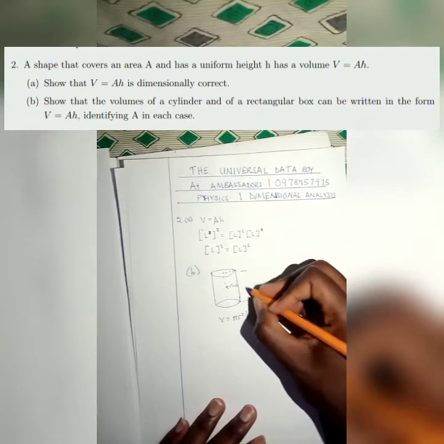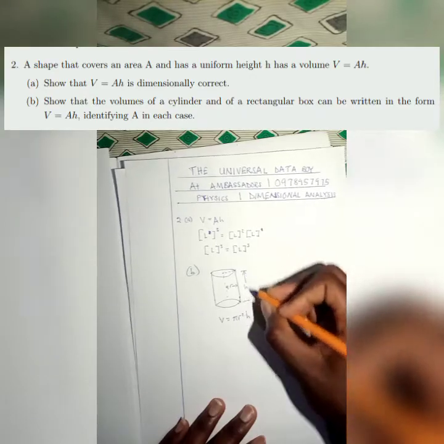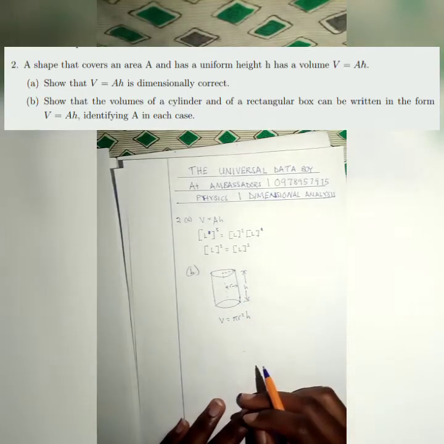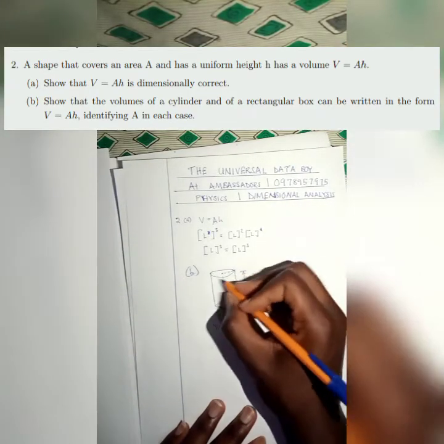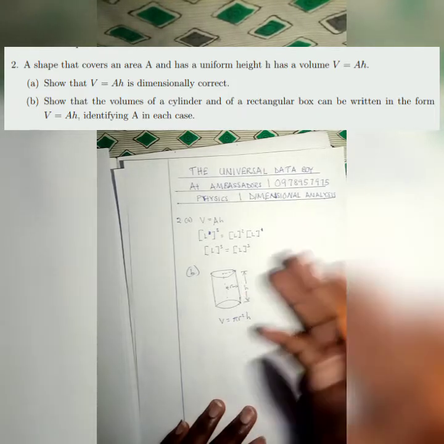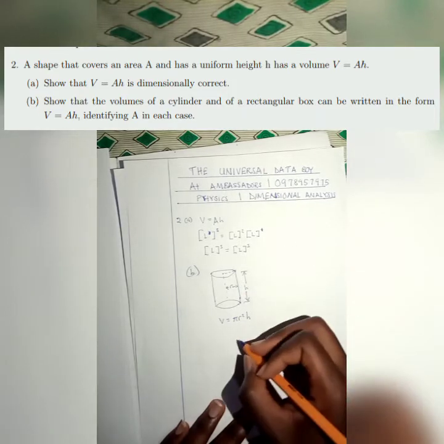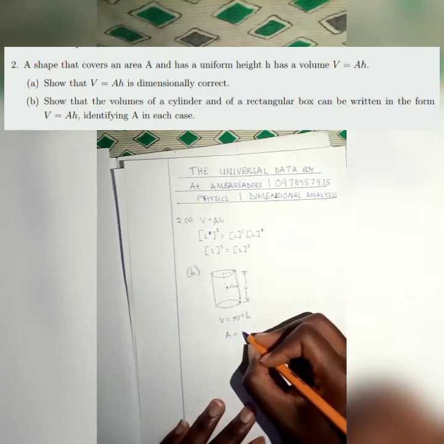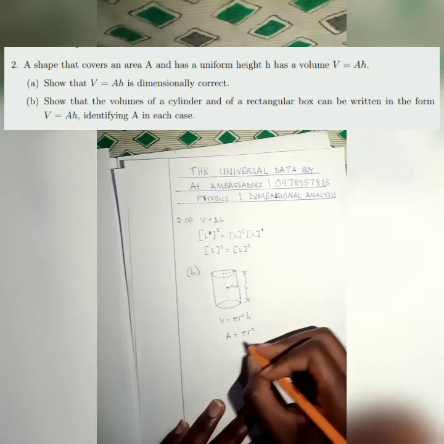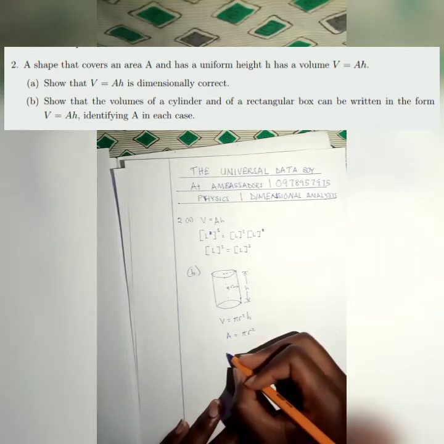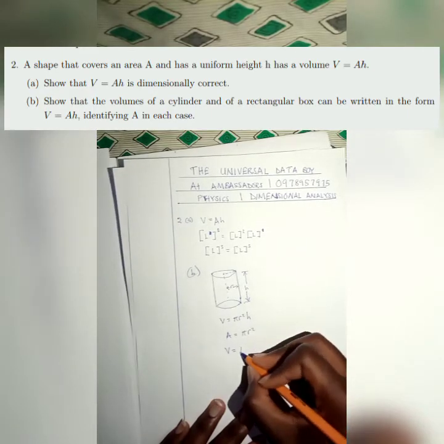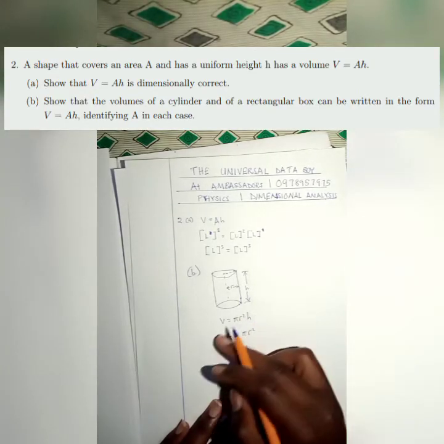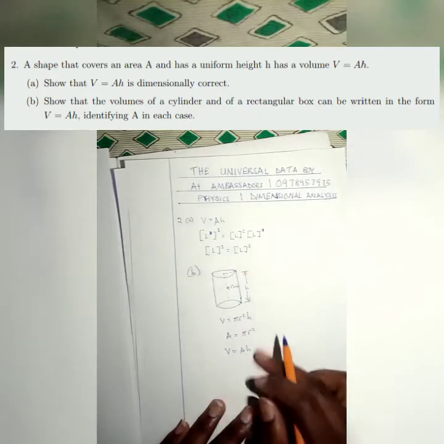The surface area of the cylinder, or any circular object, is given by area equal to pi r squared. So when we place this there, V is going to be equal to Ah. Here we have shown that the volume of the cylinder can be written in this form.